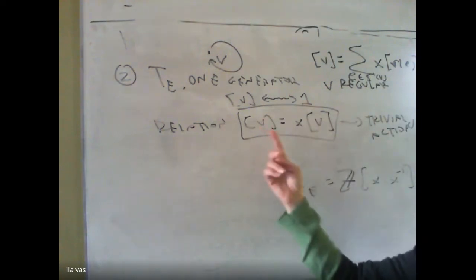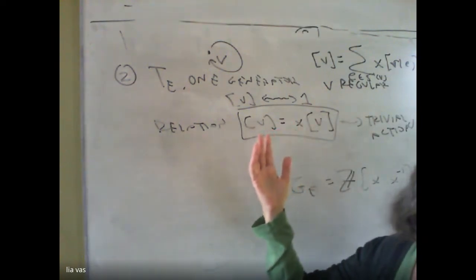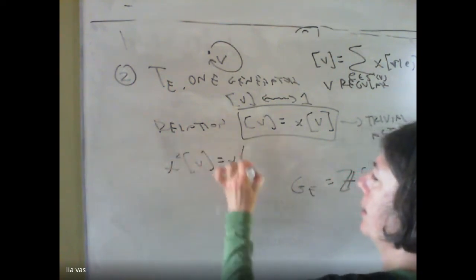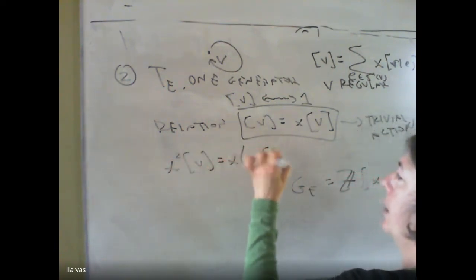So that gives you that x squared is also not going to give you anything, because if you think about what x squared times V is, well, that is just x times V, right?